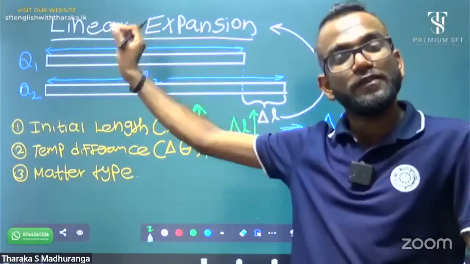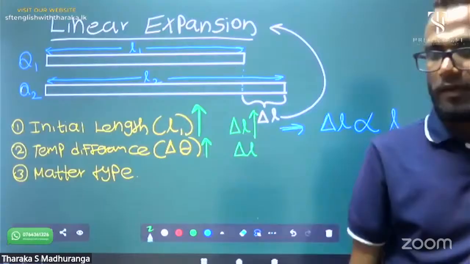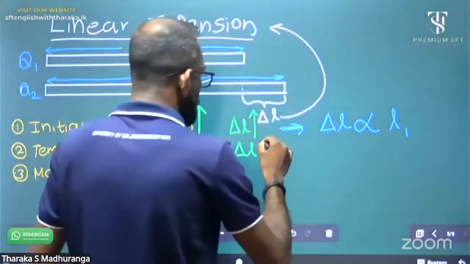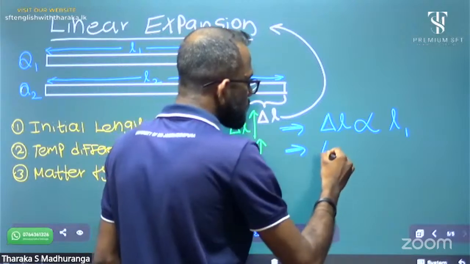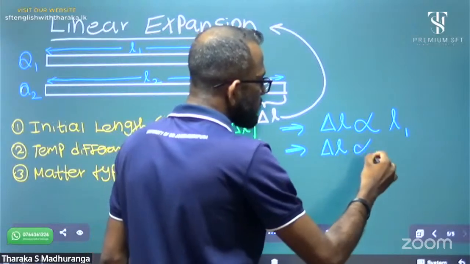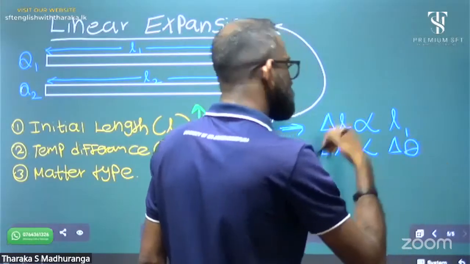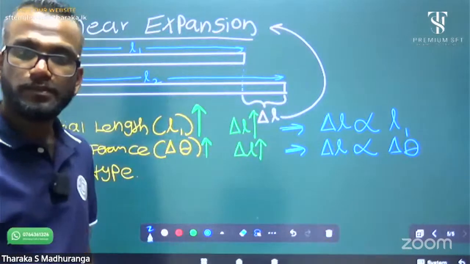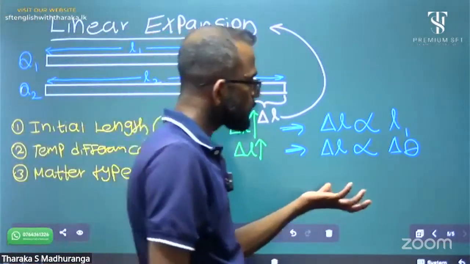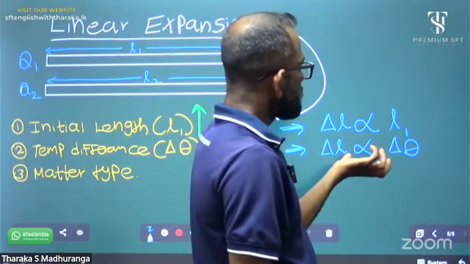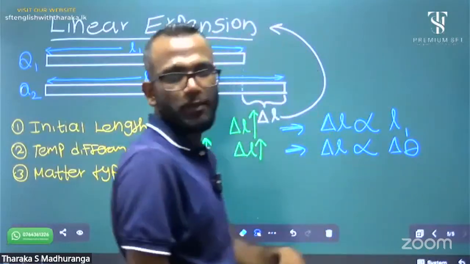If I increase up to 60, it expands more. Yes, increasing. Therefore delta L is also directly proportional to delta theta, the temperature difference. Directly proportional to the initial length, and also directly proportional to the temperature difference.